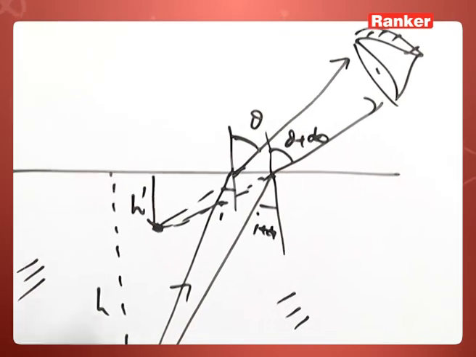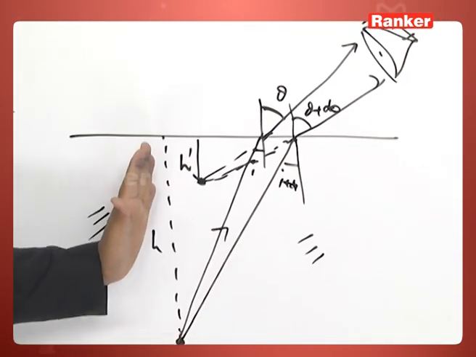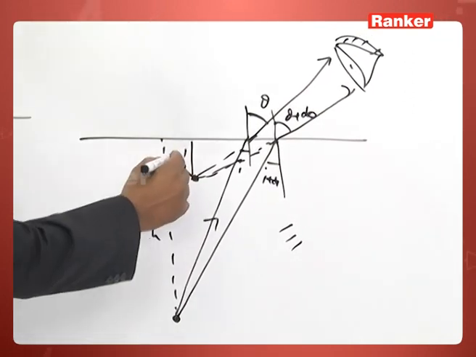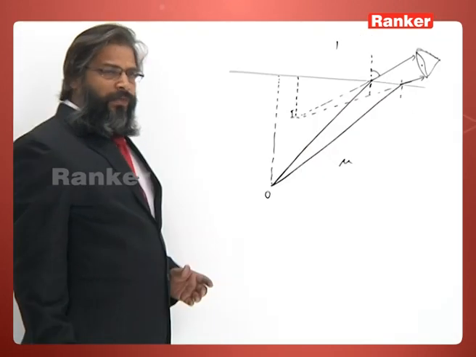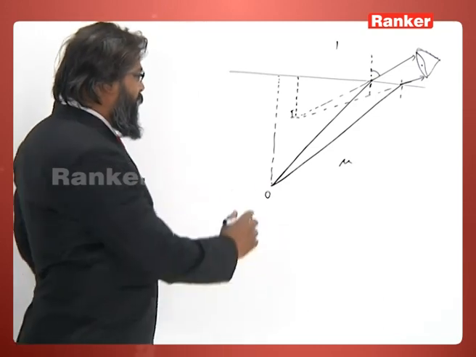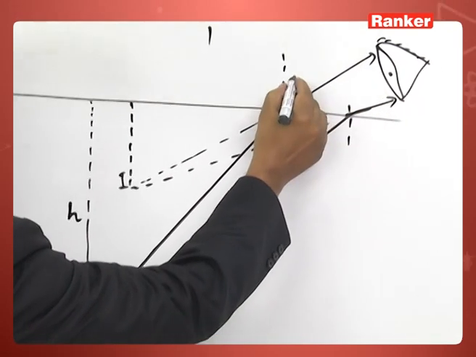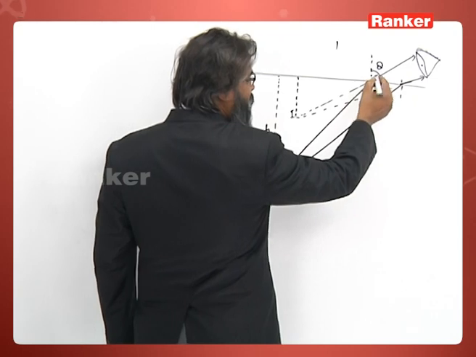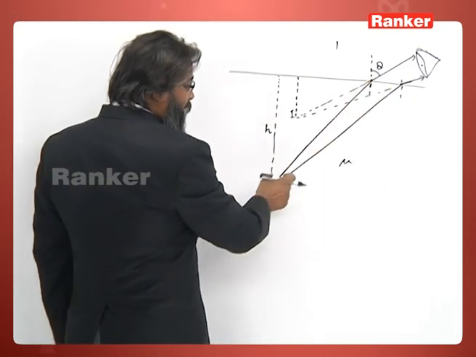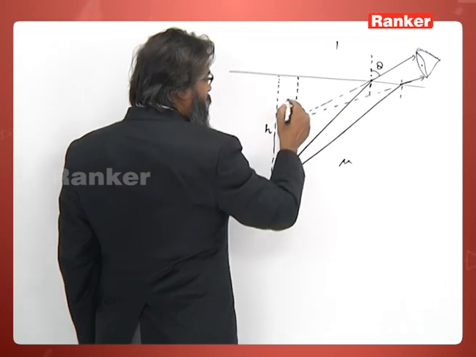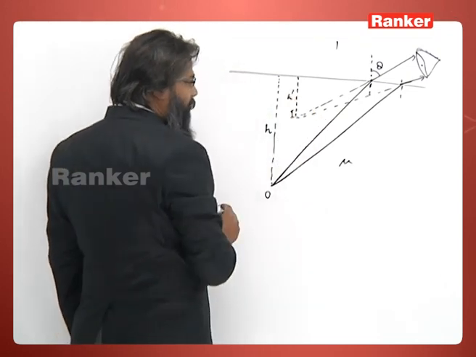So, from this line they converge this side, and so we have to now determine what is h dash. So, now this is the object at a depth of h, and this is seen from here at an angle of vision theta. So, when these rays go to the eye, they bend and an image is formed here. This h dash we wish to calculate.